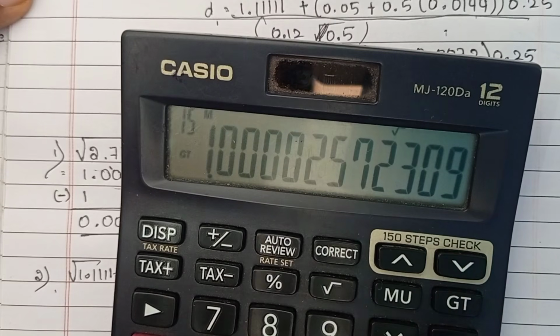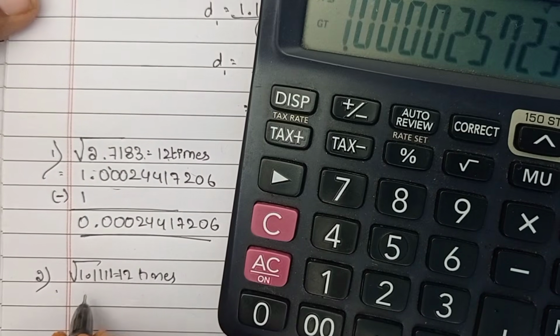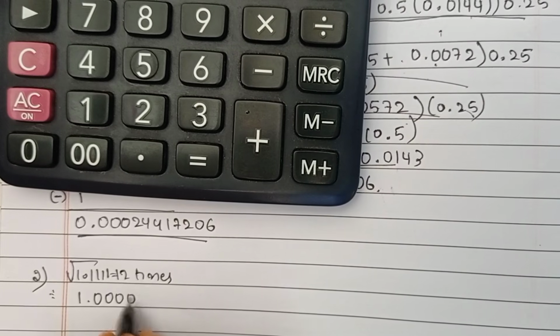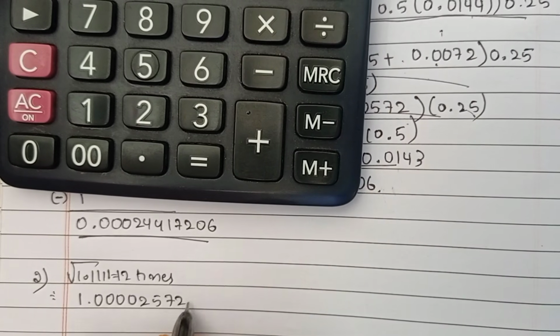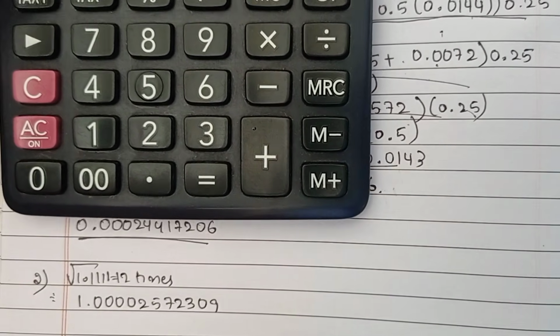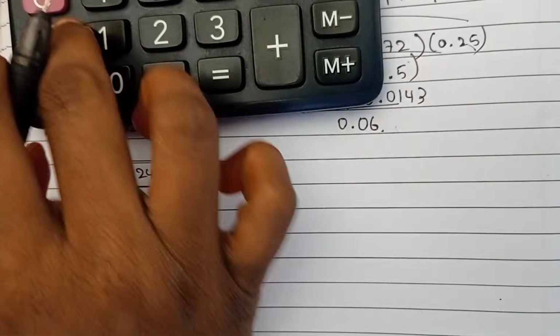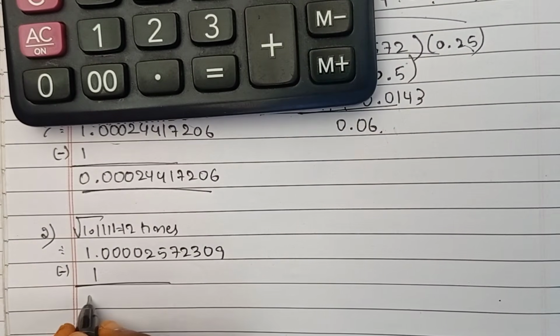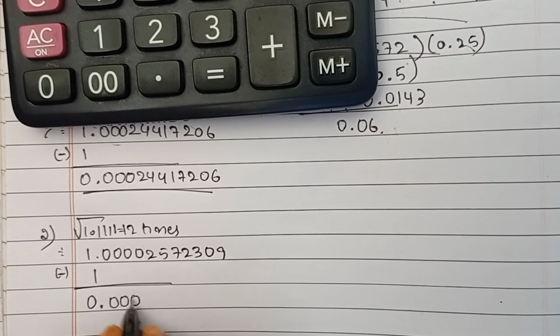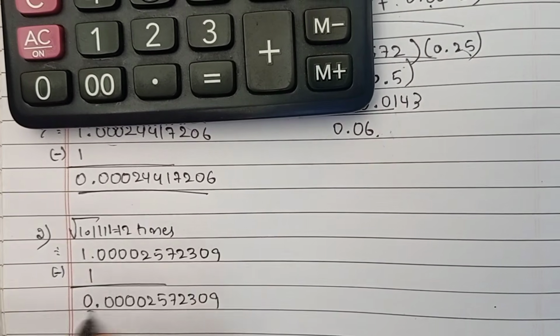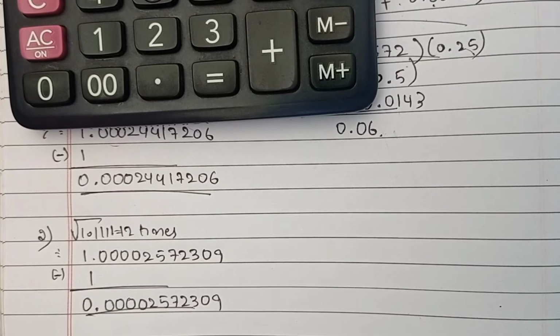So I have done it 12 times. I have got the value 1.00002572309. Again we have to subtract this from 1. If I subtract from 1, then I will get the value 0.00002572309. I have got this much value.